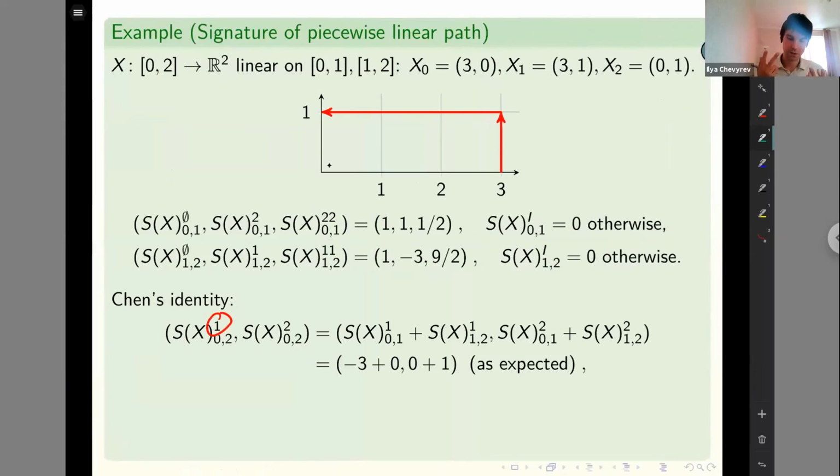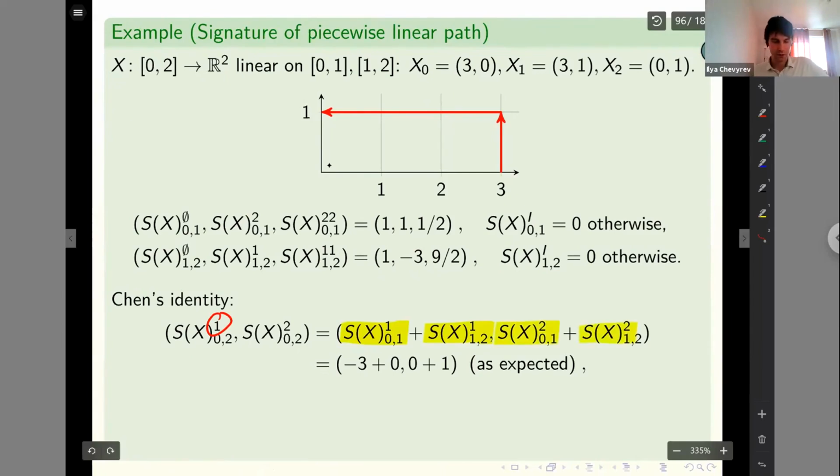If we use that rule, then Chen's identity tells us that there are two terms in here. The signature associated to the word 1 is going to be the sum of the corresponding signature for the same word over 0,1 and 1,2, and likewise for the word 2.